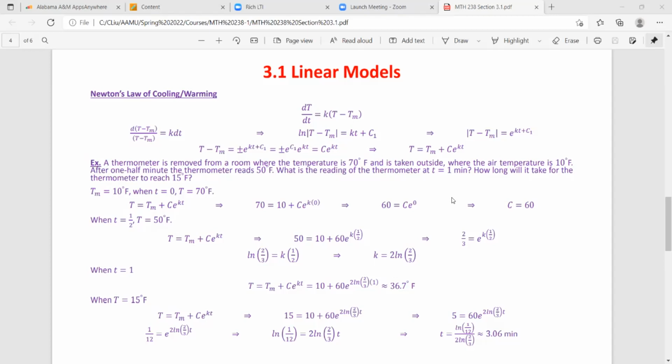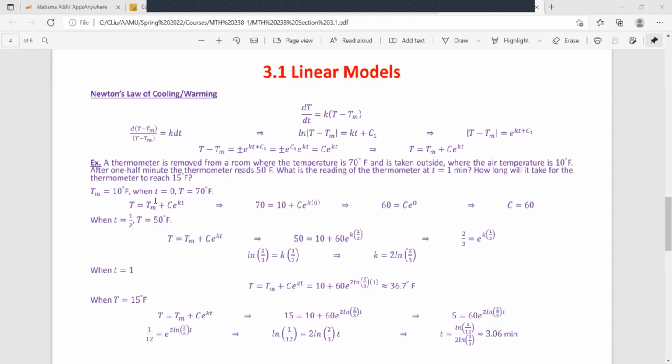We already got the solution of the differential equation, so we don't have to restart. We just write down the solution to the differential equation, which is capital T equals capital Tm plus C times e to the k times small t, where capital Tm is 10 degrees.